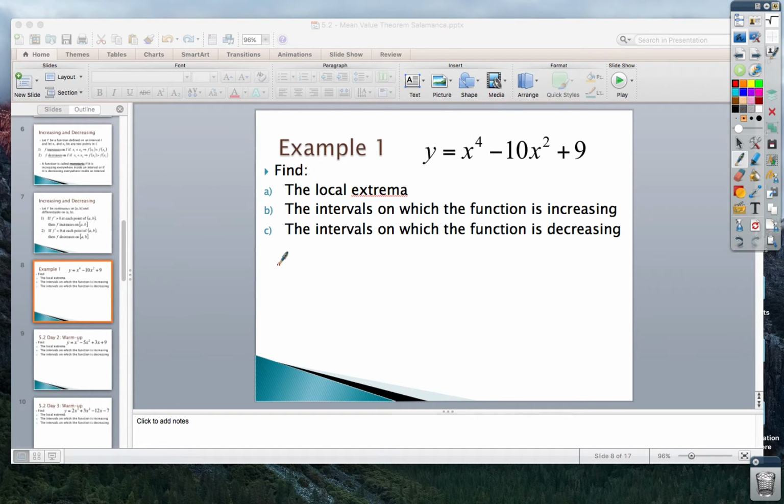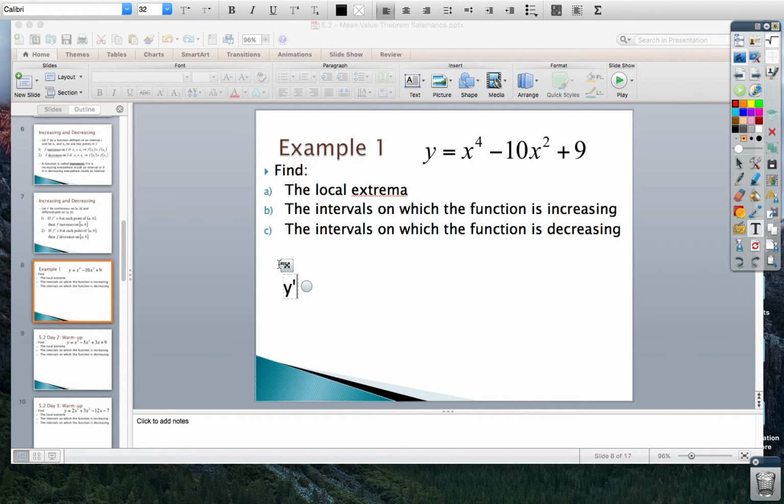So first things first, to find the local extrema, find the first derivative. So y prime is equal to 4x cubed minus 20x, and we're going to set that equal to 0. So 4x cubed minus 20x equals 0. We're going to factor out a 4x.